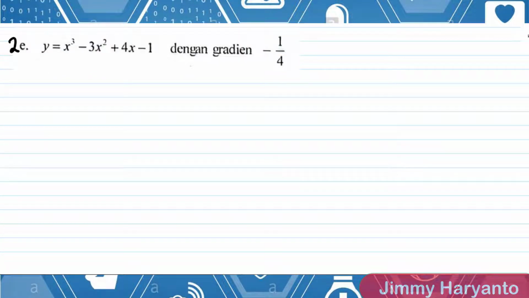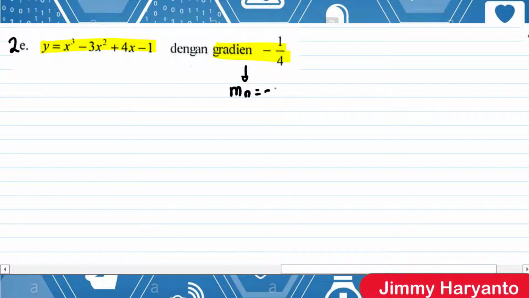And the next one is 2E. So for 2E, the question gives you the curve and also the gradient of the normal. This one is the gradient of the normal. So the gradient of the normal is negative 1 over 4. That means from this, we can find the gradient of the tangent using this formula. m normal equals negative 1 over the gradient of the tangent.